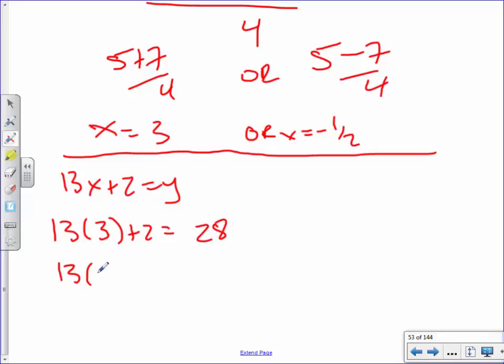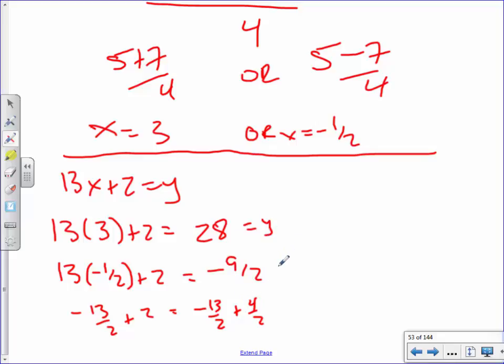And 13 times minus 1/2 plus 2. Think about that one. I guess I should probably make that fractions. That's minus 13 over 2 plus 2. I could call that minus 13 over 2 plus 4 over 2. I'm doubling that guy. So that makes it minus 9 over 2.